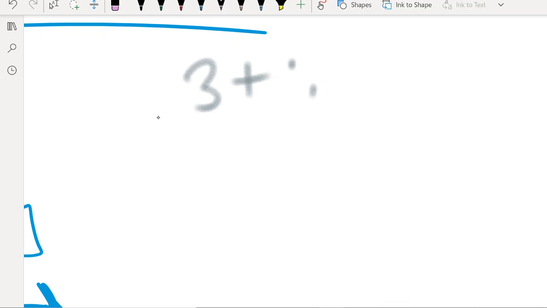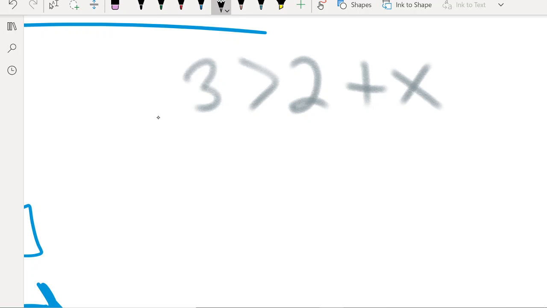Let's just say 3 equals 2 plus x. Oh, I keep forgetting to make that an inequality. Let's go this way. Okay, so you would still solve it like regular. You don't need to put the x on the left-hand side though. Big mistake. If the x is already positive, stay positive. Right? That's just a good life decision.